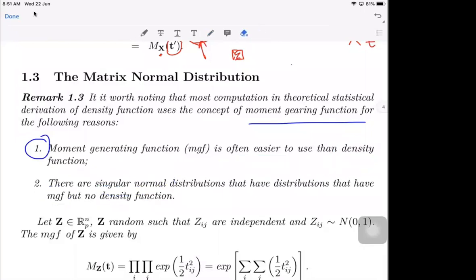So if you recall, there was a result in chapter 3. Let me scan through it first. Actually, it's lemma 3.2.